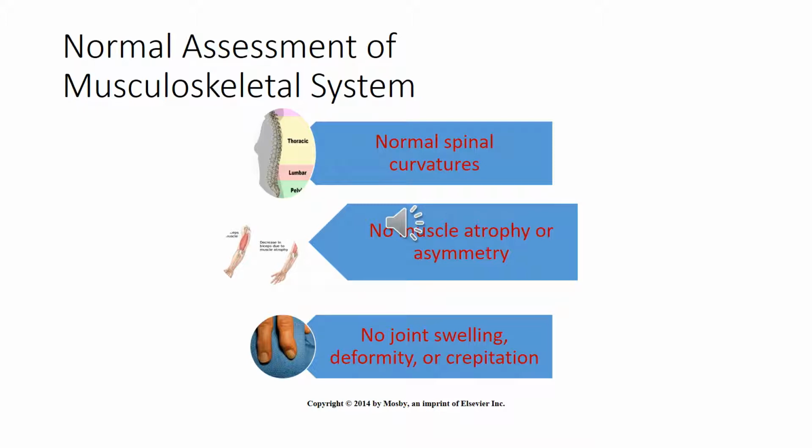So of course, if we're going to be doing an assessment, we need to know what the normals are. So our spine does have normal spinal curvatures. I don't know if you can see that picture very well there. Also, we do not have muscle atrophy or wasting away, or asymmetry, which means unequal sides. Normally, we do not have any joint swelling, any deformities, or crepitation.